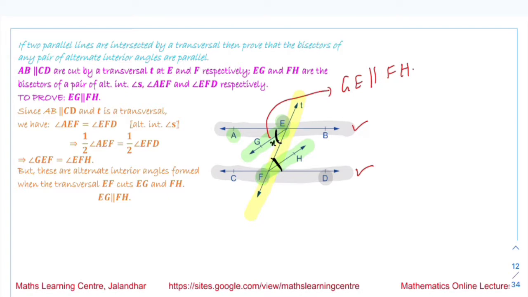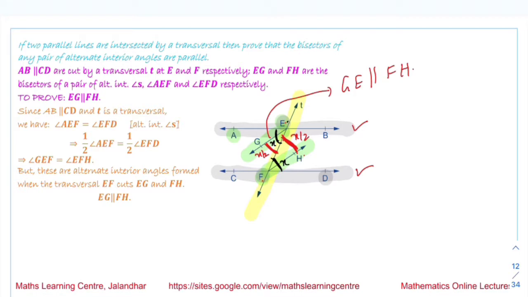Suppose I say its value is x, then this value is also x. Now GE is the bisector of the angle, so the angle GEF has value x by 2, and similarly the angle EFH is also x by 2.